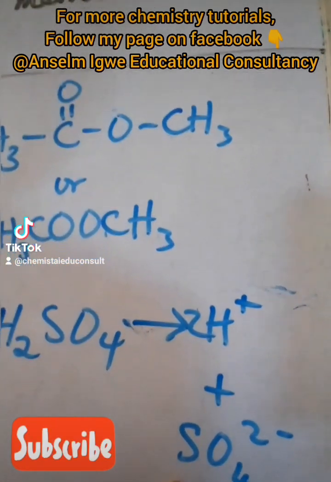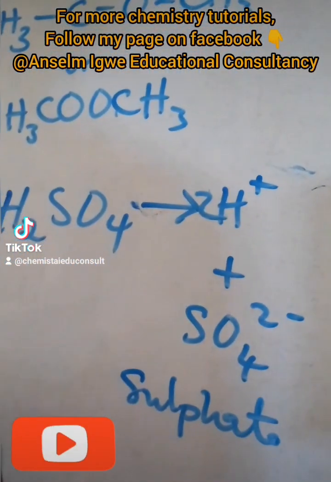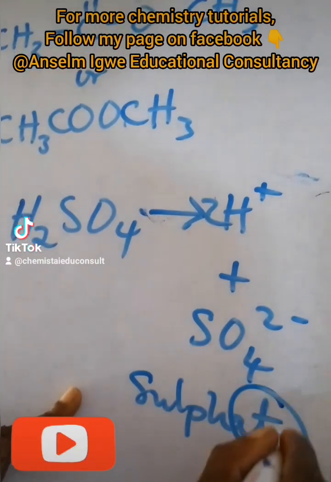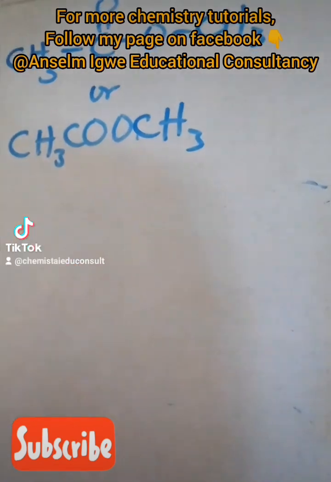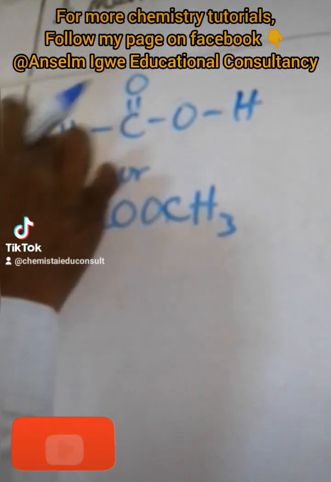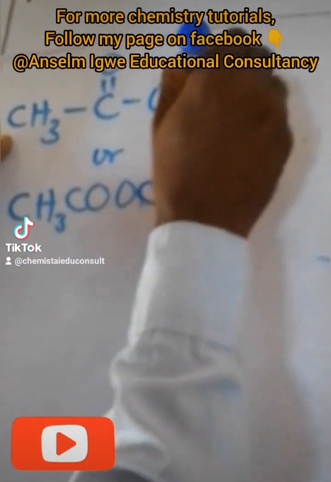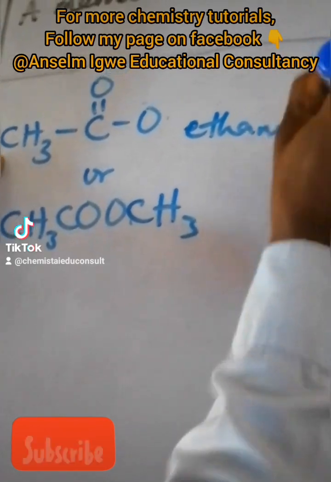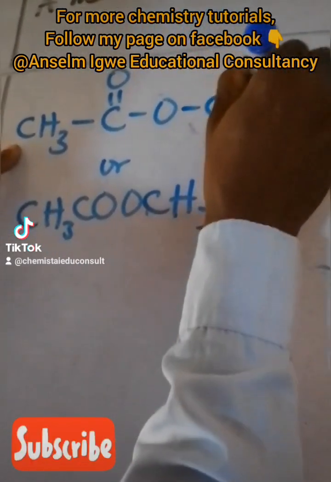Remember, the name is sulfate. So that is the suffix of the name. Now, if we have H here, that is alkanoic acid, 2 carbon atoms, ethanoic acid. If we remove H, it becomes ethanoate. -ate there.